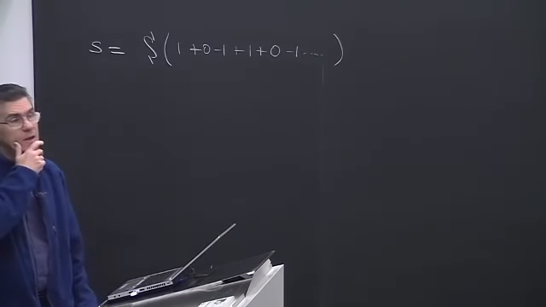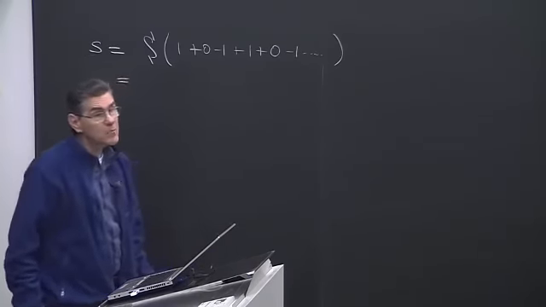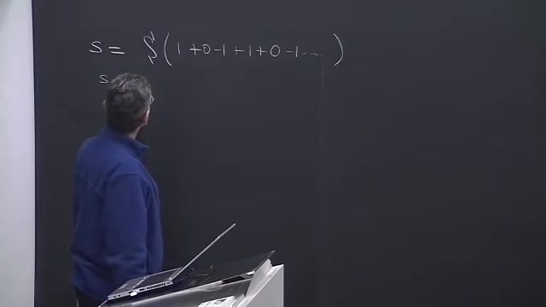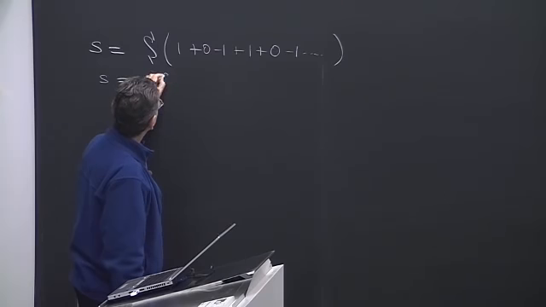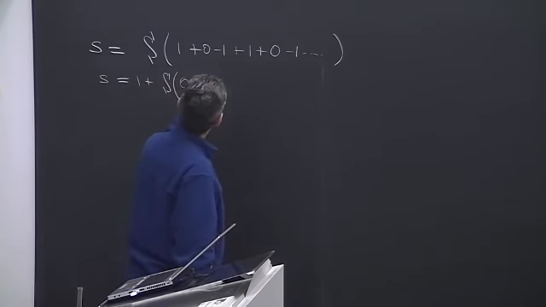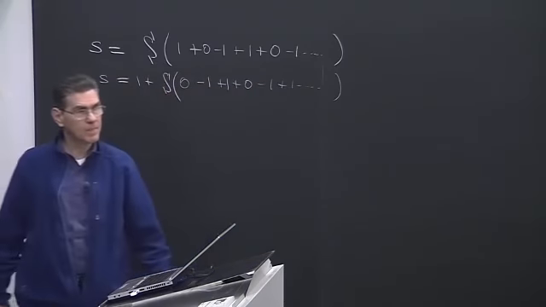Okay? Now, let's see. By axiom number 1, this is equal to 1 plus the sum of the series 0 minus 1 plus 1 plus 0 minus 1 plus 1 plus, and so on. Do you agree?